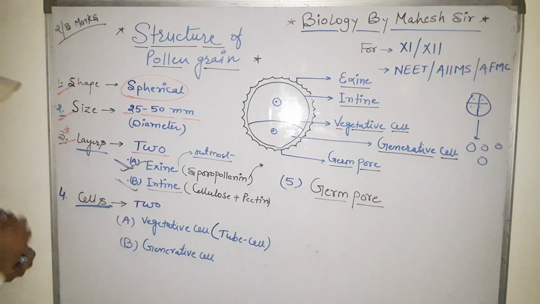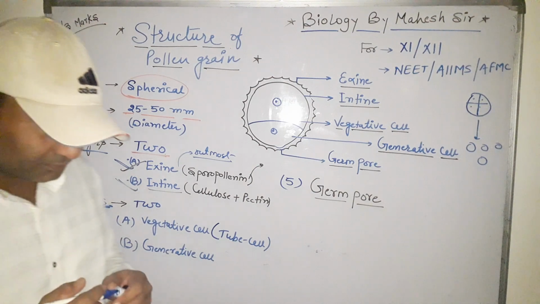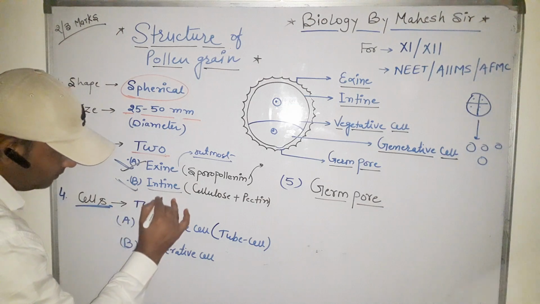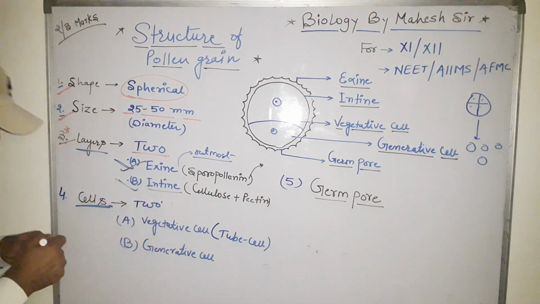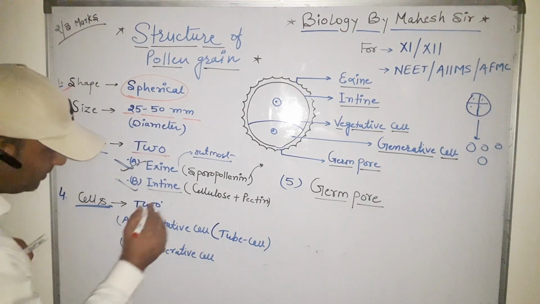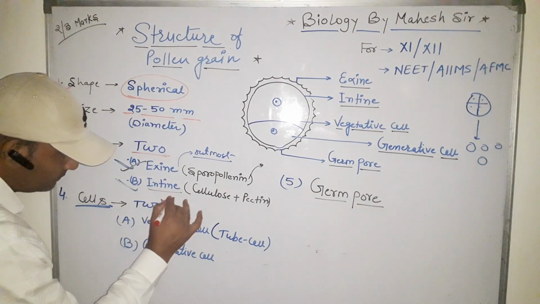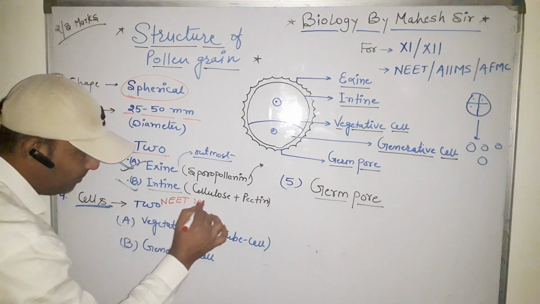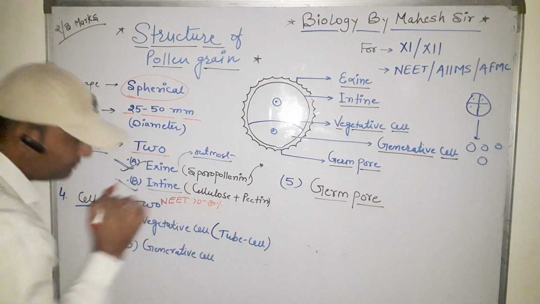Next is cells. How many cells are present in a pollen grain? A very important question for NEET. We can say a total of 2 cells are present in the pollen grain in 70 to 80% of angiosperm plants.